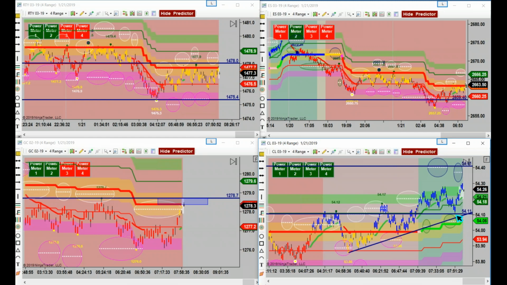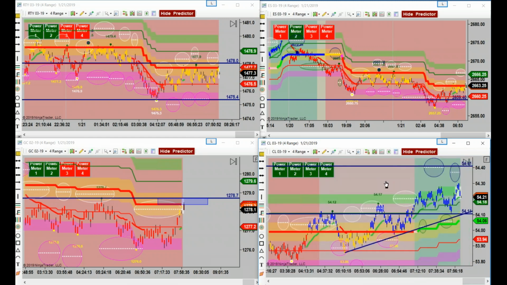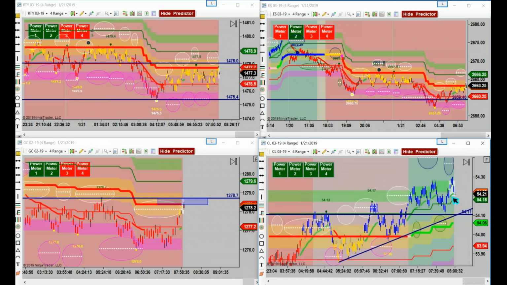Where to buy oil now, Roy? Well, the opportunity's already gone for right now. But it is the open of the market, so this could be like a little double top. Let's see what it does here. If you want to, you could buy it if it closes inside this box to the upside.